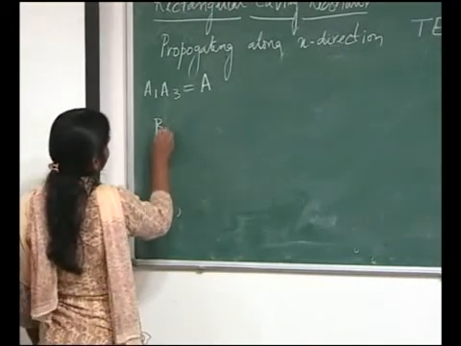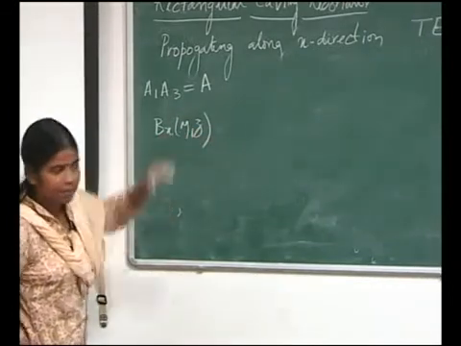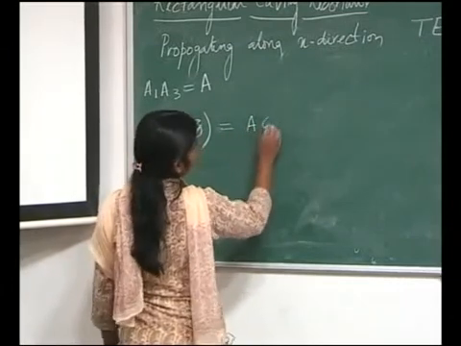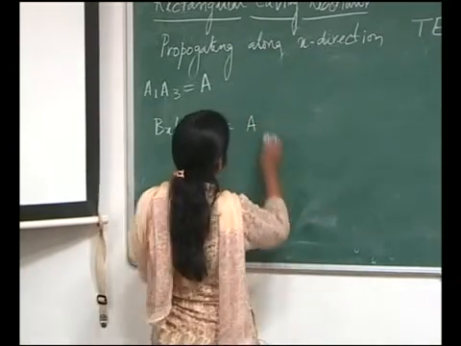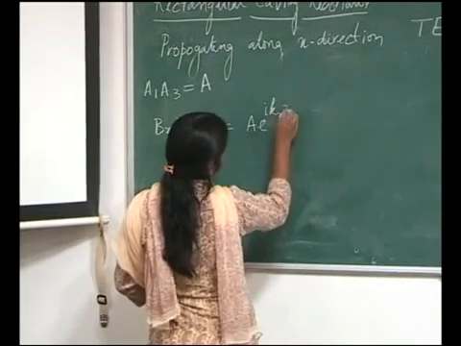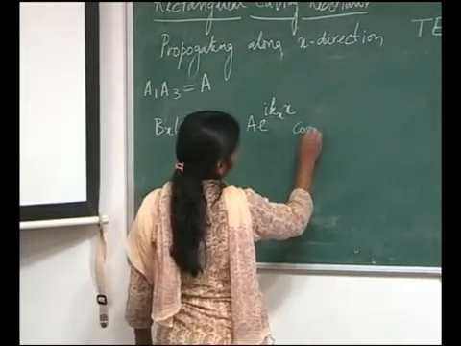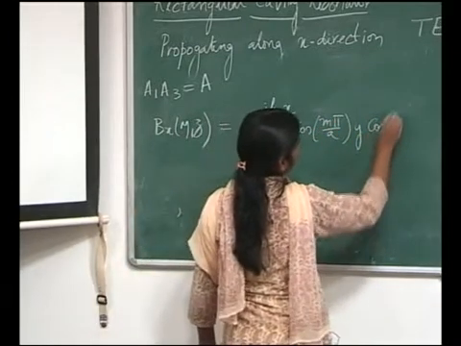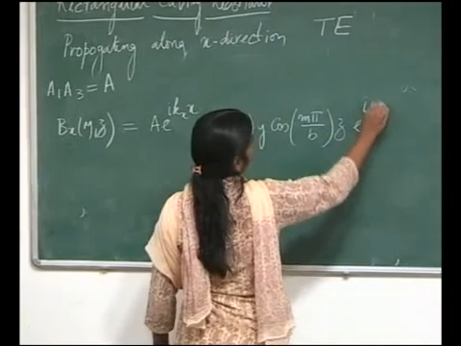So now my travelling wave solution, my magnetic field vector, which is a propagating vector, will have a form a e to the power I kxx, and then the whole constant cos m pi by a into y cos n pi by b into z e to the power I omega t.